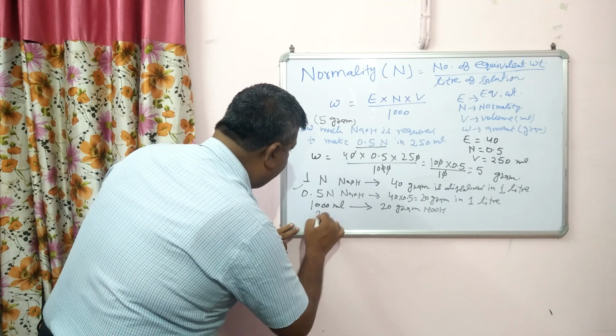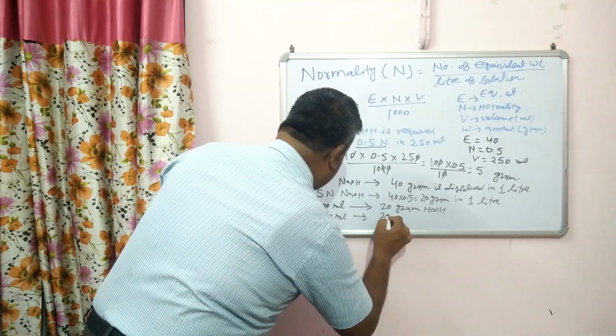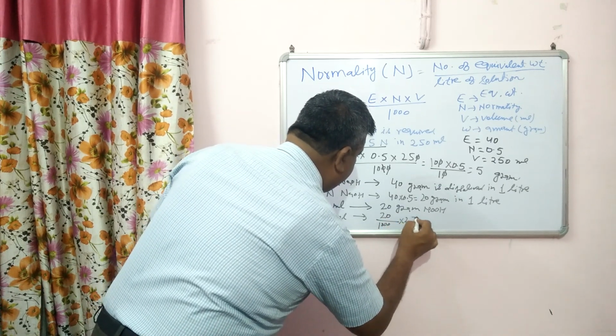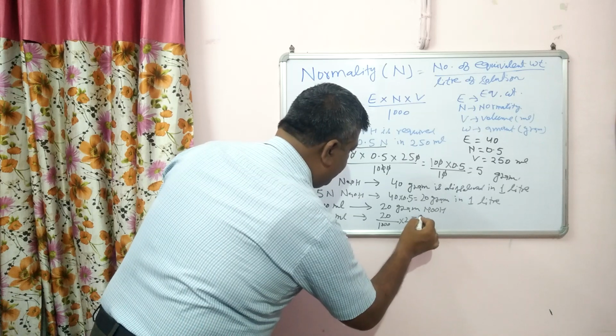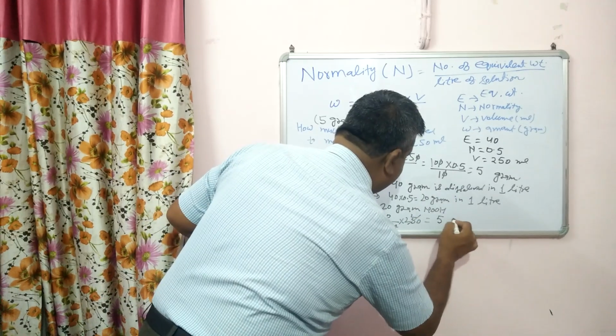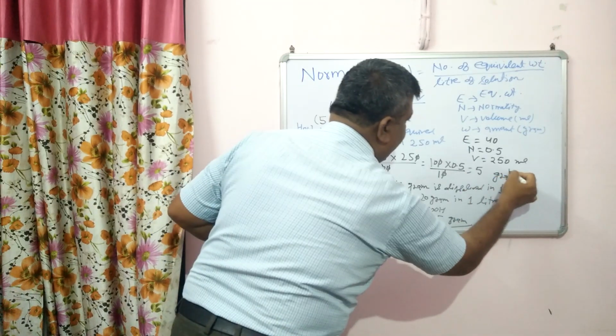So for 250 ml, it is 20 upon 1000 into 250, which is 5 gram. So the answer is the same, 5 gram and 5 gram.